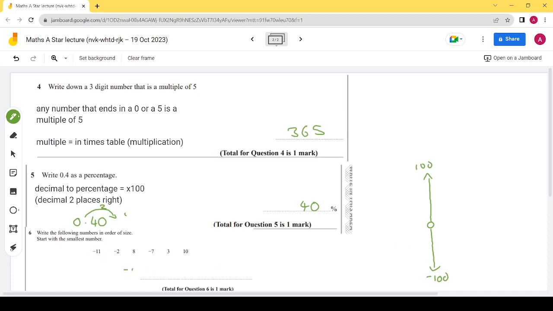So you've got minus 11, minus 7, minus 2, 3, 8, 10. All right, I'll just put that on a number line as well, just to make it clear. So this way, going down here, equals smaller. And in this direction equals bigger.